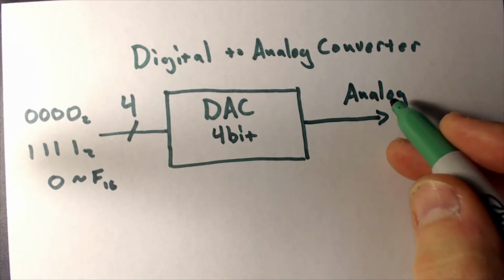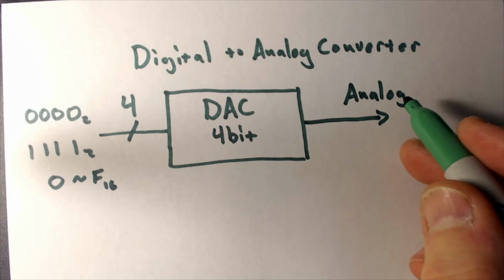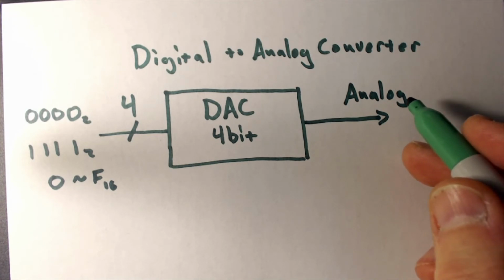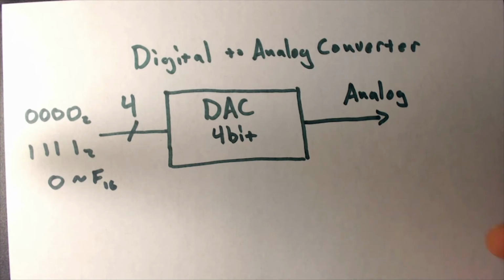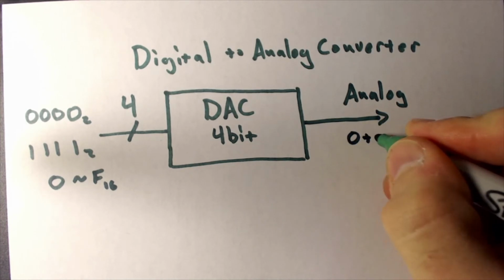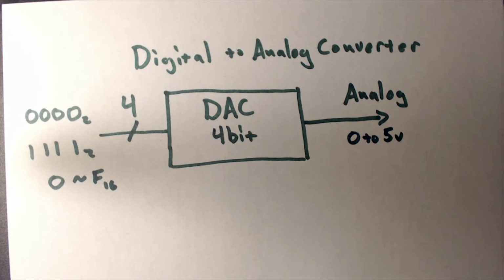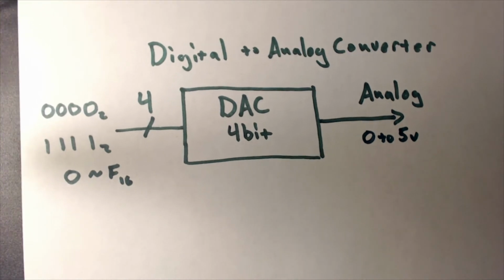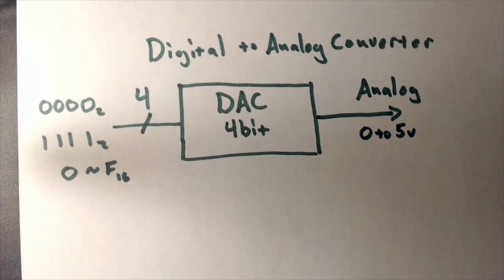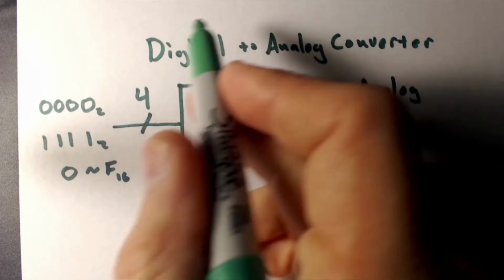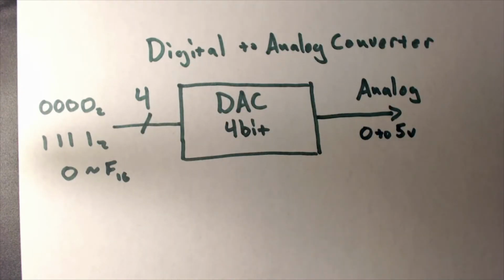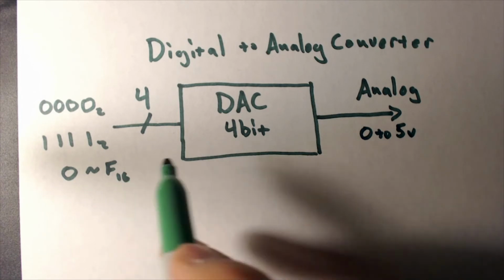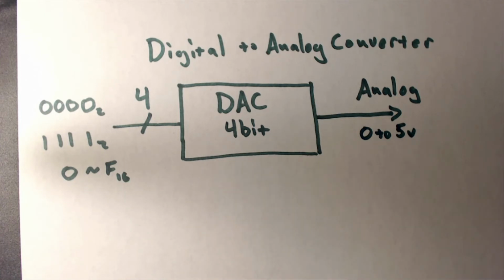Now, we still need to define what our range is going to be. For our range, we're going to have 0 to 5 volts, and that's going to be the same as our successive approximation. So I'm going to show the idea behind a digital to analog converter, what this does, from the same perspective that we will then use inside of our SAR, inside of our ADC.